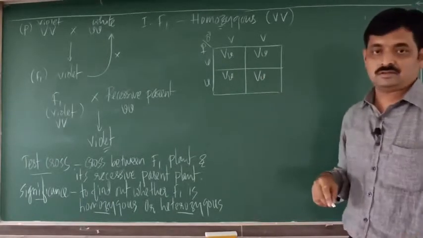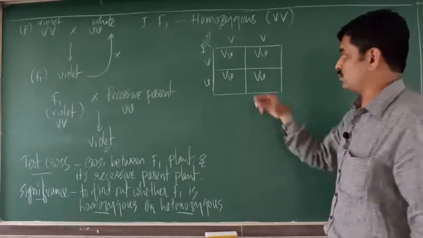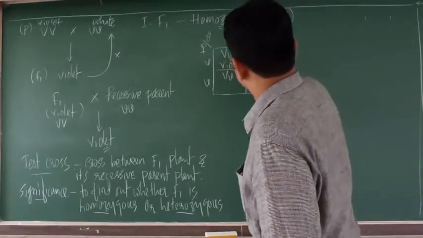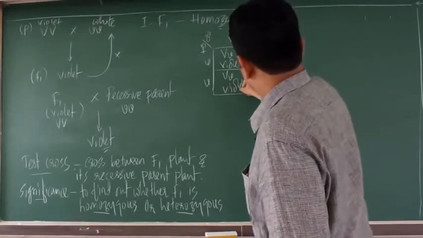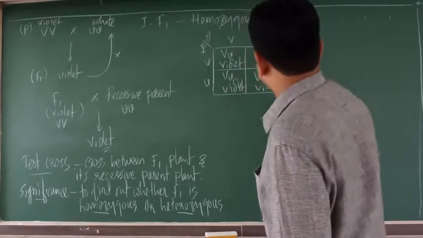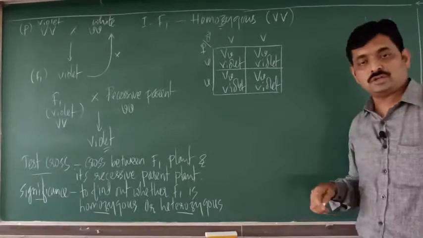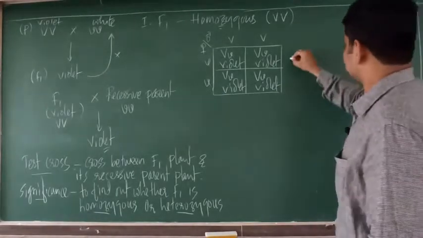Now see the genotypes of the new generation. All are heterozygous. And what do they produce? Violet, violet, violet, violet. So all have produced violet flowers.